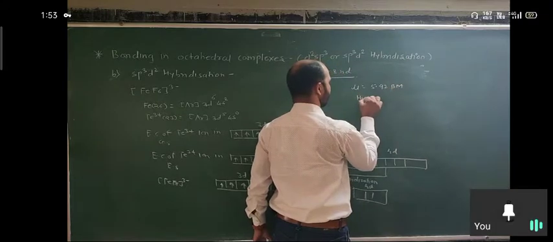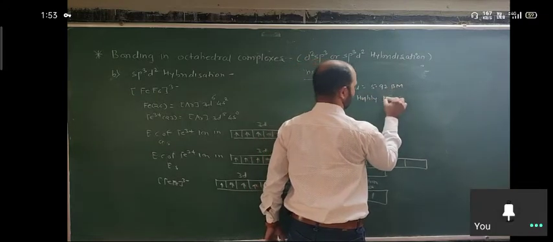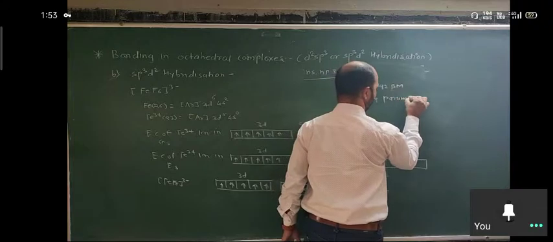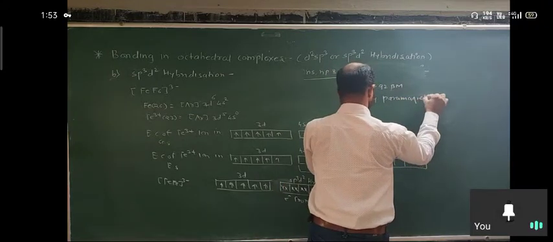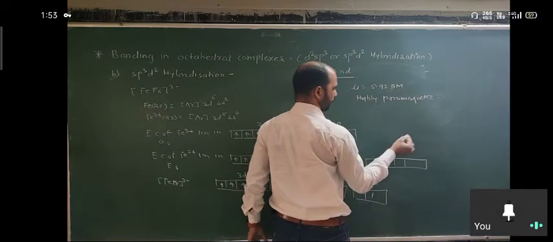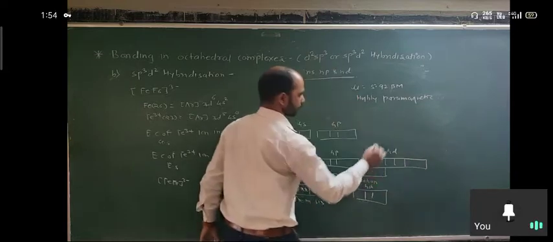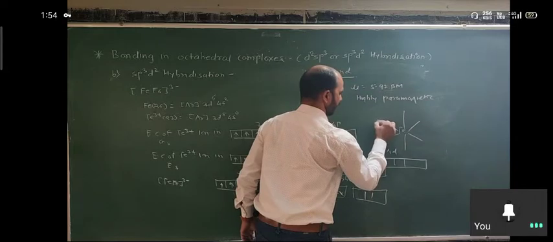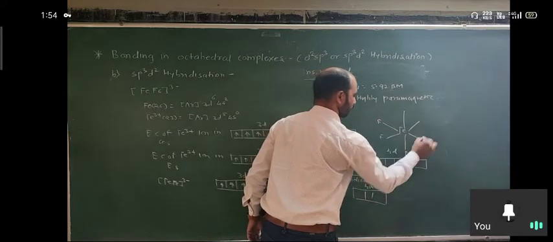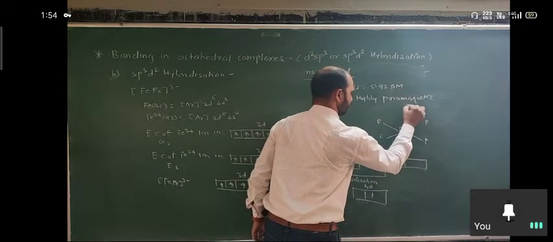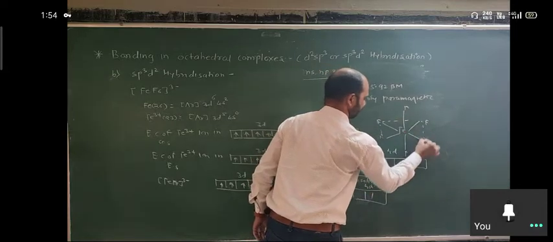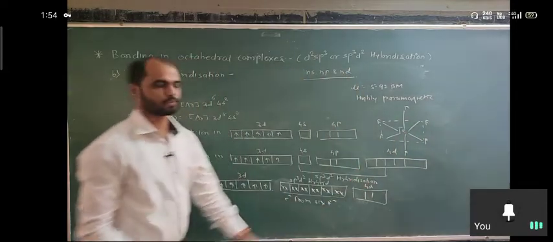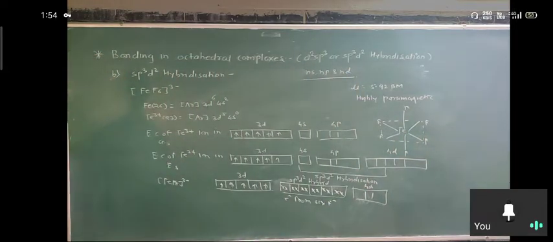It is highly paramagnetic, and you can draw the structure of this one: Fe with F, F, F. So this is all about FeF6.